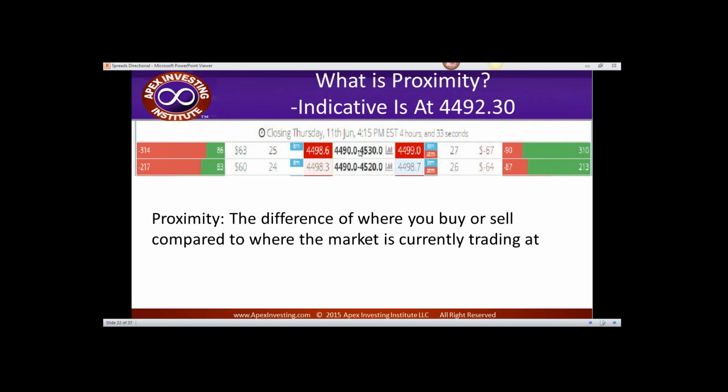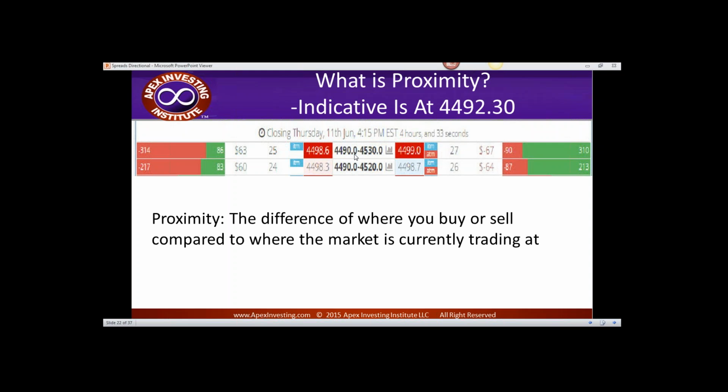Like as you see the market going up a tick, you see your profit going up a tick. When you buy or sell spreads that are further away from the market, where the current market is, you won't see that immediate dollar for dollar move. But at expiration, what do you get?